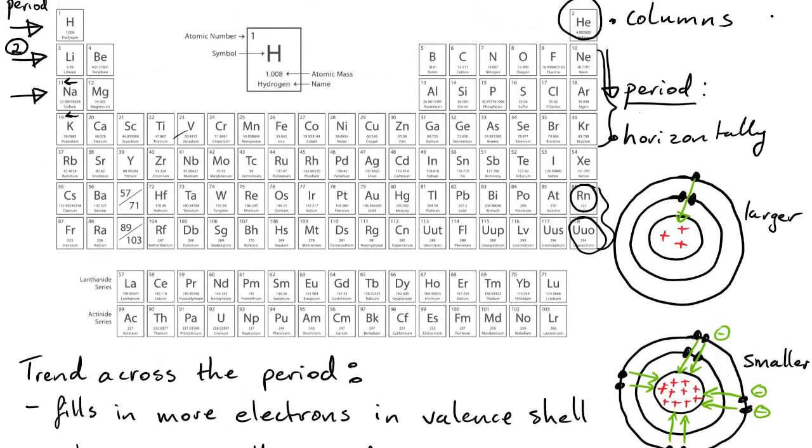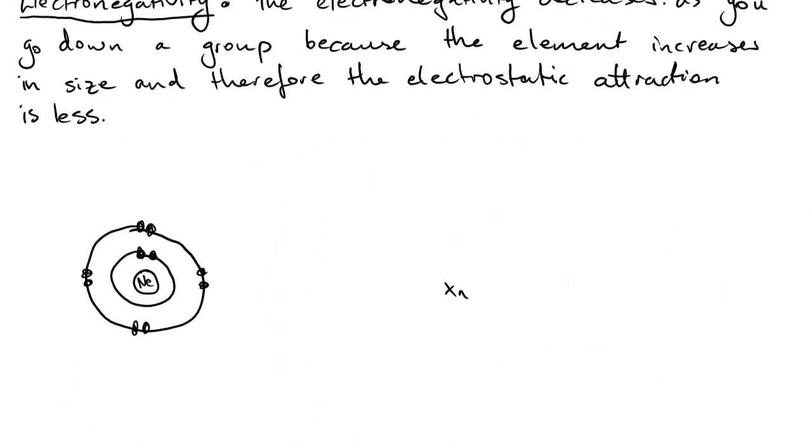So neon, 1, 2, 1, 2, 3, 4, 5, 6, 7, 8. So this is neon, right? Now, and xenon, I think it's Xn. Once you get to the elements lower down in the periodic table, you kind of don't use them. Okay, it's Xe, and it's got 5.